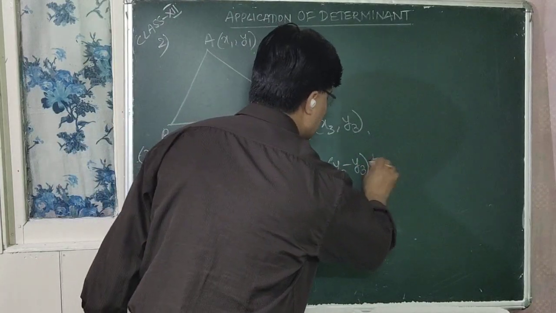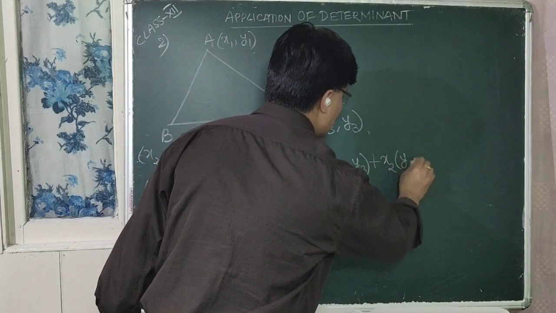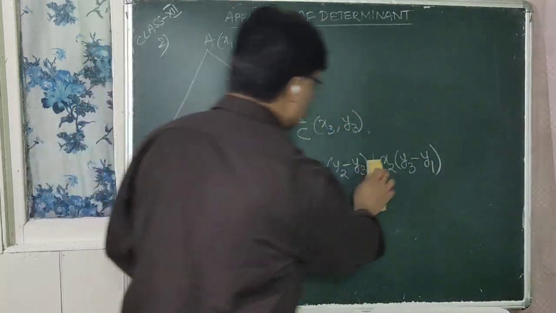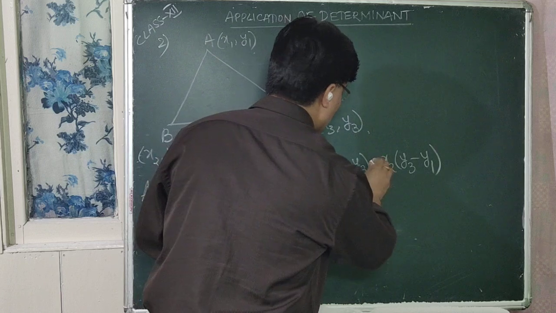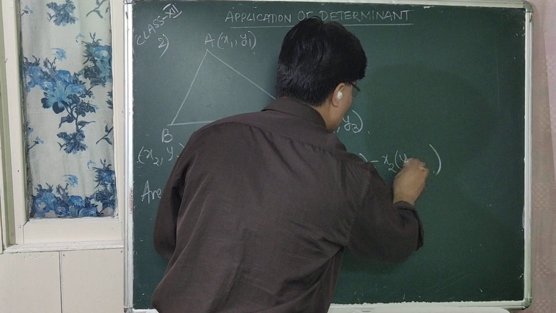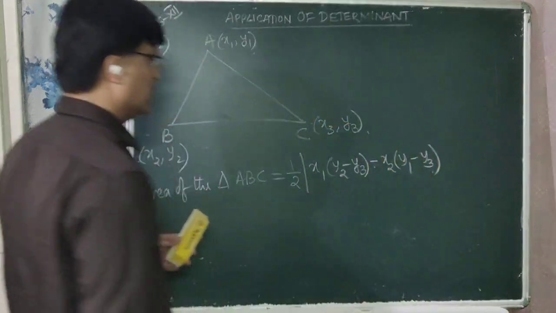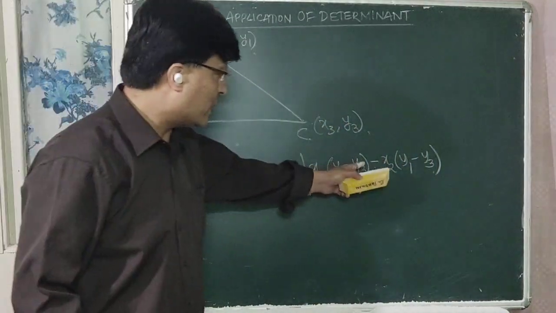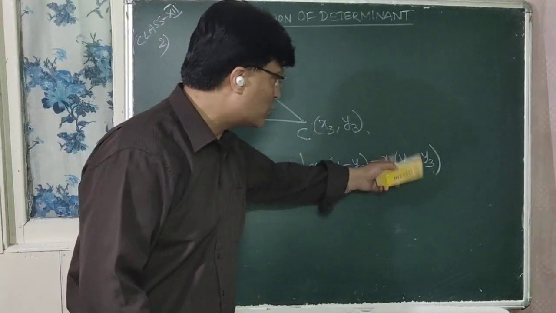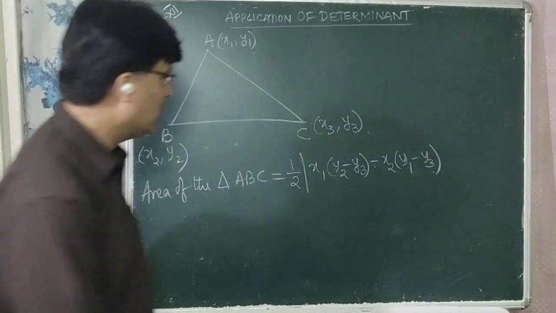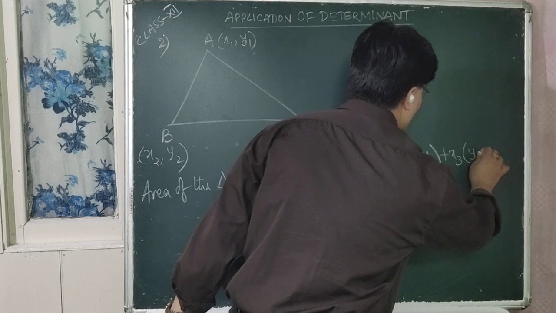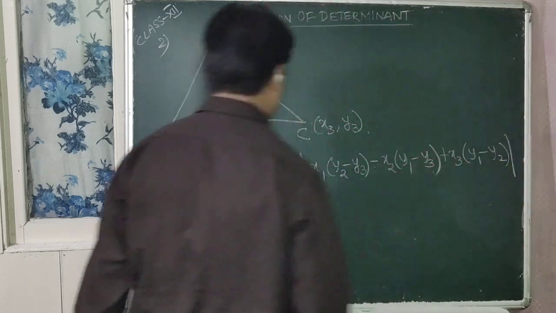Then plus x2 within bracket y3 minus y1, or you may write minus x2 and within bracket y1 minus y3. Right? You can write either plus x2 within bracket y3 minus y1, or minus x2 within bracket y1 minus y3. Okay? Then plus x3 and within bracket y1 minus y2, and the mod sign is closed.